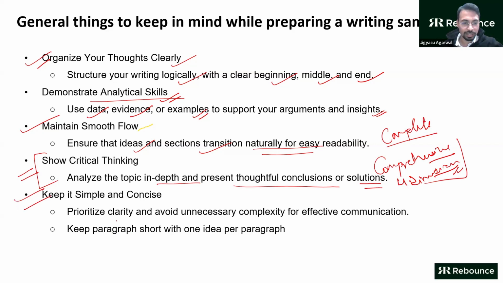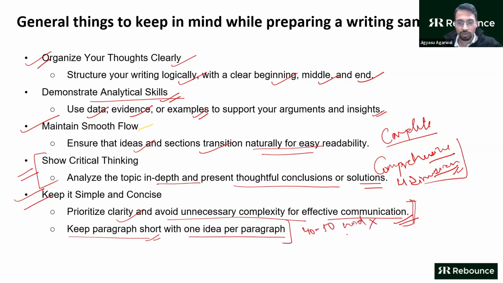Fifth is keep it simple and concise. So, prioritize clarity and avoid unnecessary complexity for effective communication. So do not use all those jargons, technical words, buzzwords. All that is not needed. Keep it simple. Keep paragraphs short with one idea per paragraph. Very important. When you have, let's say, a 500-word write-up, ideally it's like 40 to 50 words into 10 to 12 paragraphs.